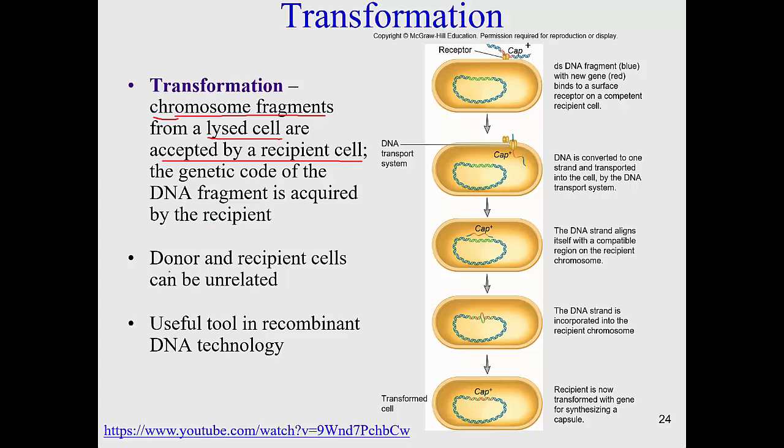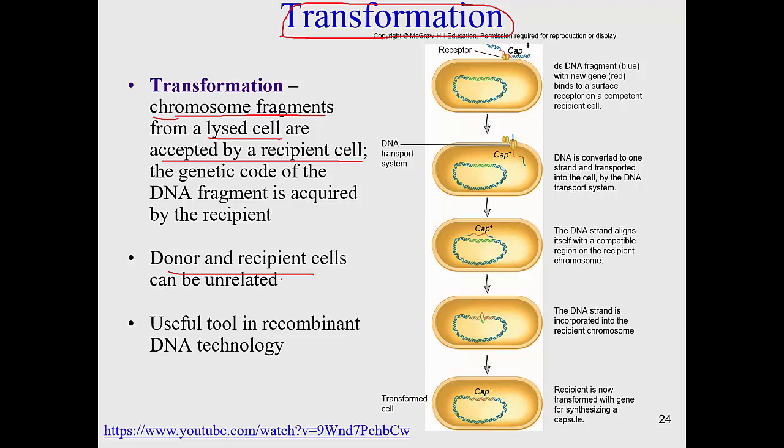And the donor and the recipient don't have to be in the same genus or species. They can be unrelated, so they can pick up any fragment. So when we did transformation of the bacteria in the BIOL 101 lab, we gave pieces of jellyfish DNA, and the bacteria picked up jellyfish DNA pieces.